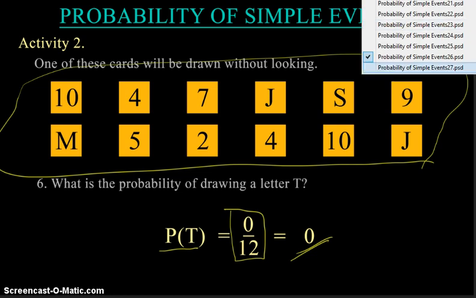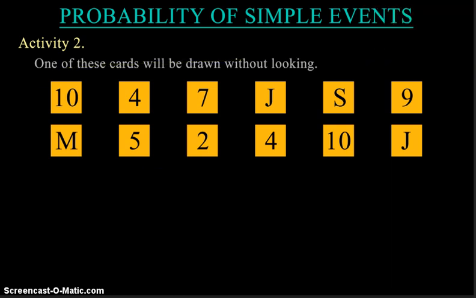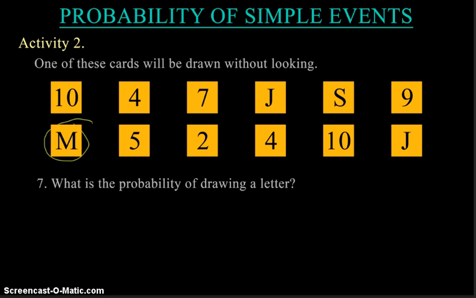Next number. Okay, last one, number 7. What is the probability of drawing a letter? So, ilan ba yung mga letters dito? Letter M, letter J, letter S, and letter J. Okay, so meron tayong 4 letters dito.